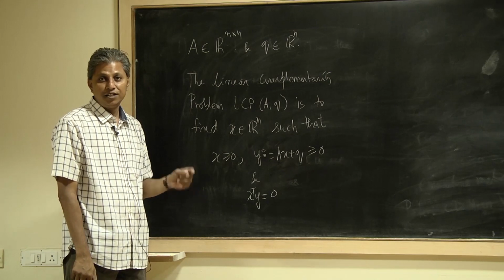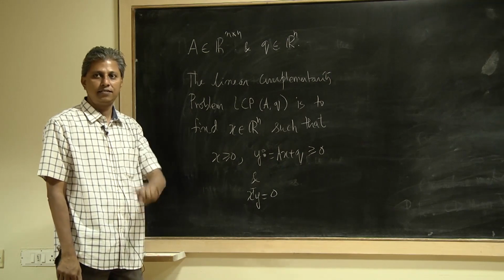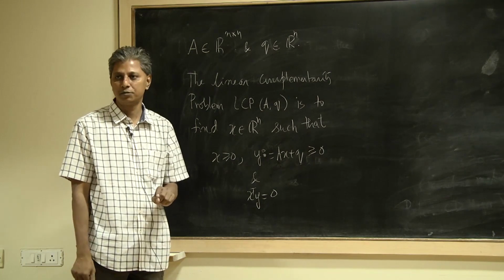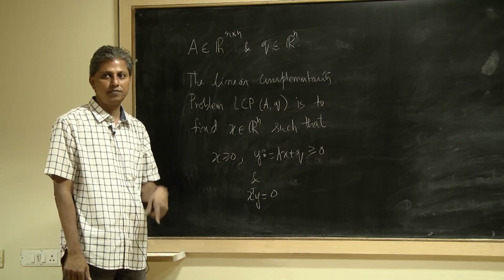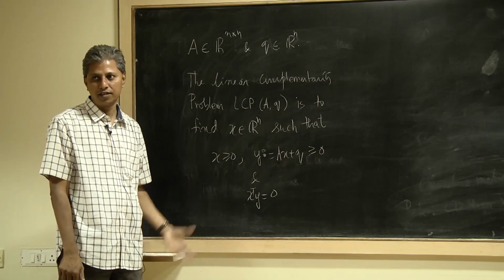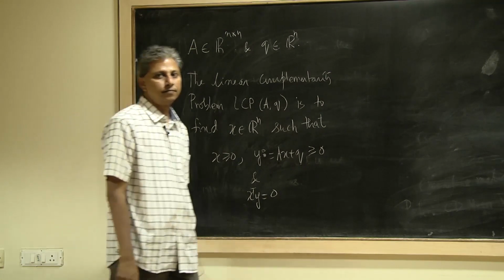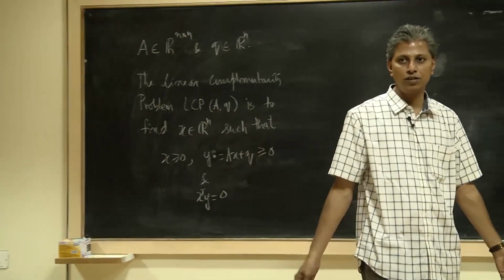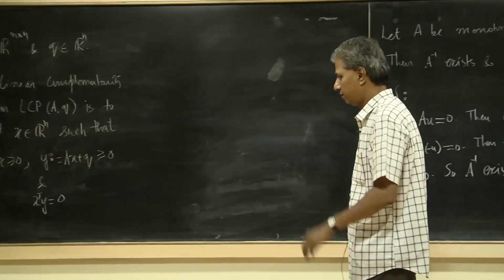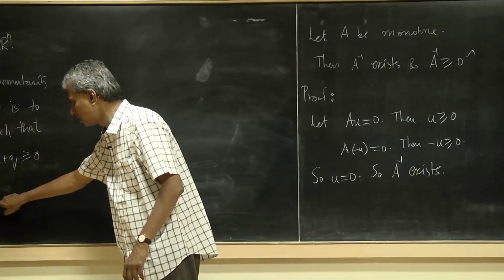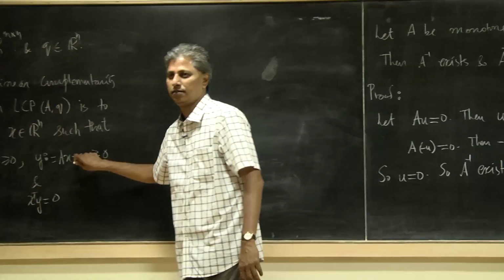If Xi is positive, then the corresponding Yi must be 0. If Yi is positive, then the corresponding Xi must be 0. That is complementarity. If one is present, the other one is not present. So this is really the complementarity condition. These are feasibility conditions.